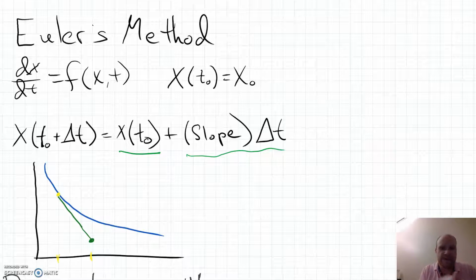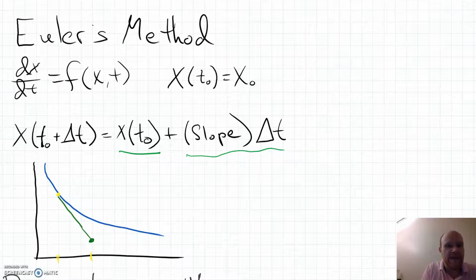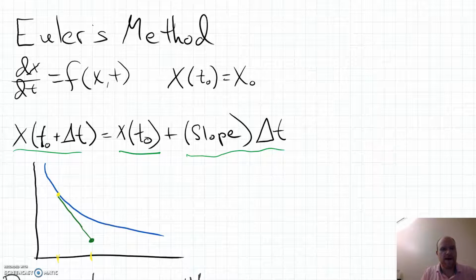So in this case, the delta t to the next point. And that gives you the estimated value of the next point. A simple chart can be seen here for that.